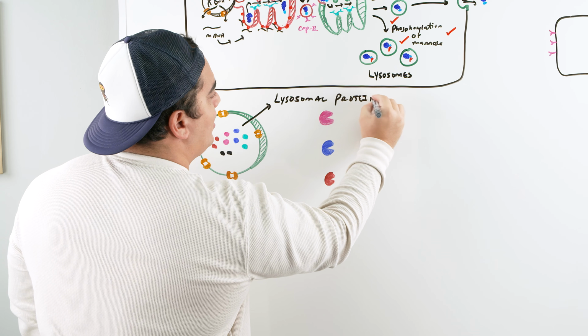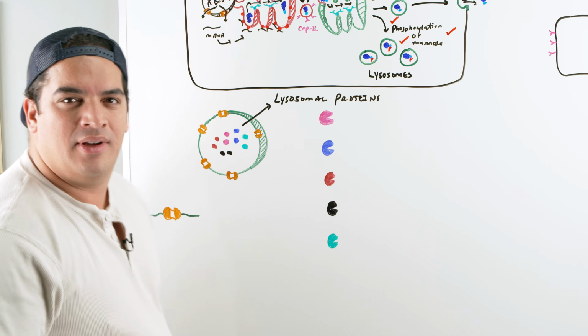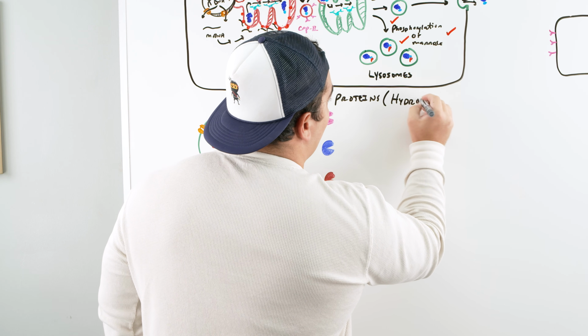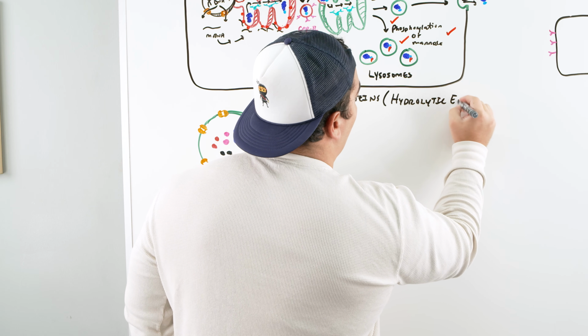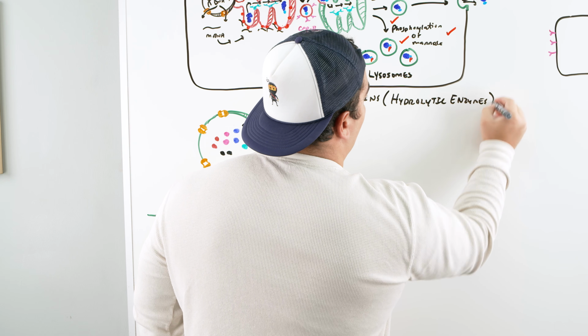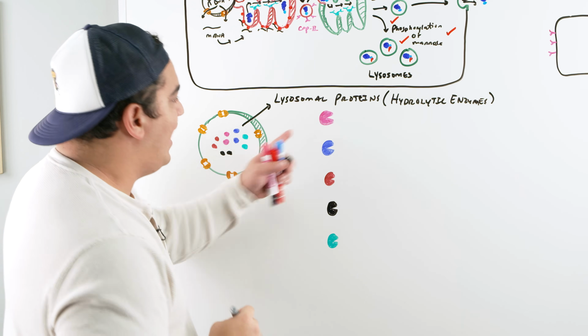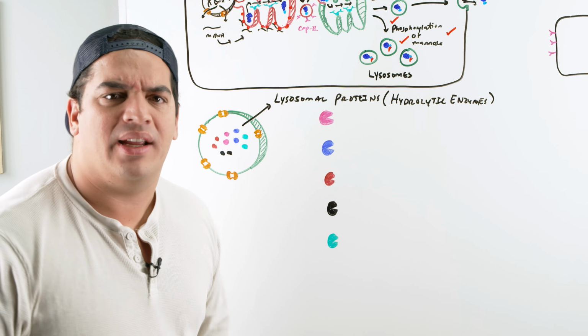We also like to call these special types of enzymes. You know, they're really nasty little enzymes. We call them hydrolytic enzymes. They have the ability to cut big macromolecules. And that's really important for their function. So if we were to take some of these actual hydrolytic enzymes, what could they break down?